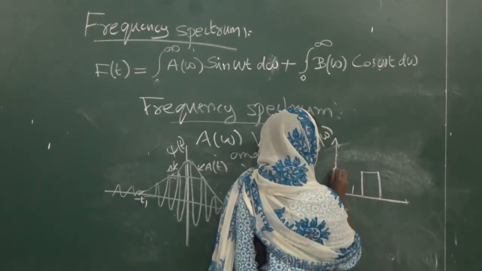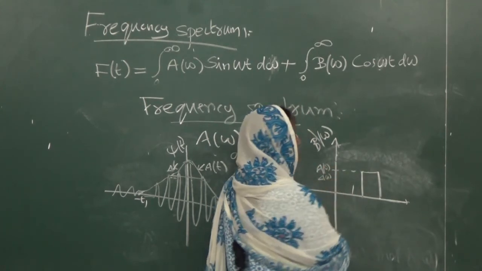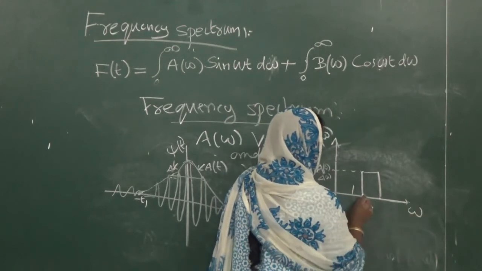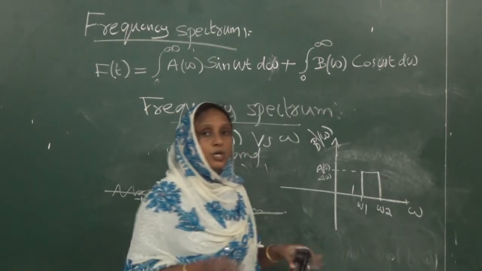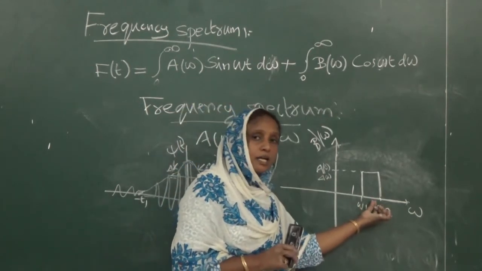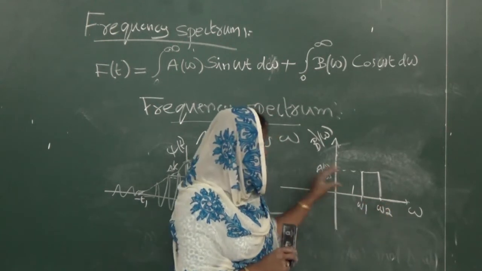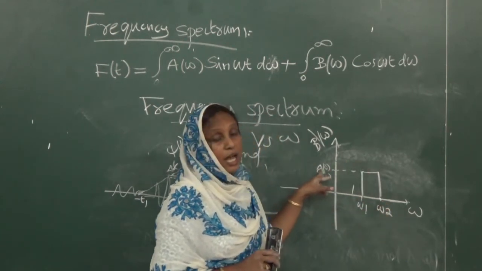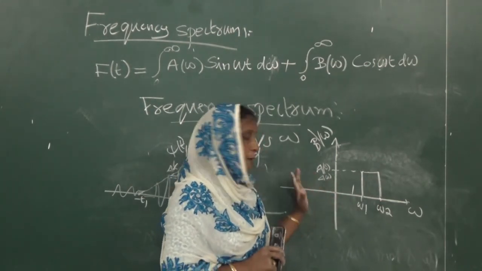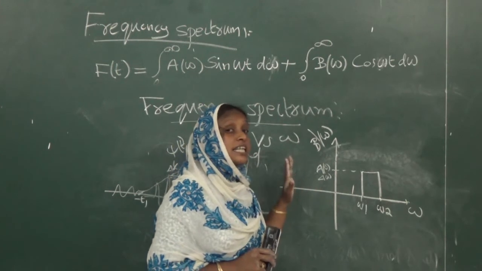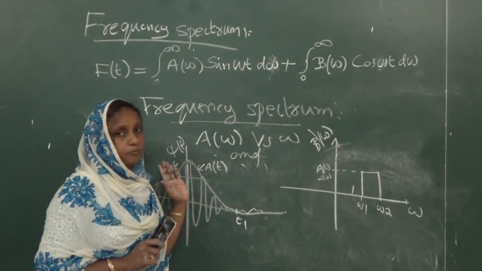This value is A of 0 by delta omega. This is omega, this value is omega 1 and this value is omega 2. So frequencies lie between omega 1 and omega 2. This amplitude is A of 0 by delta omega. So this represents the frequency spectrum of psi of t, which we already derived.